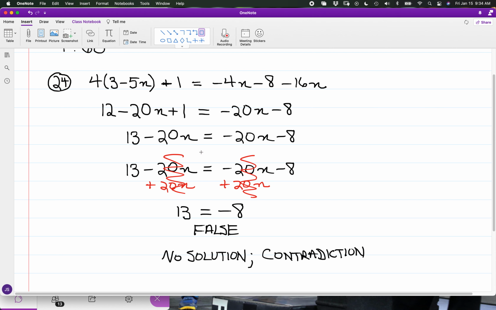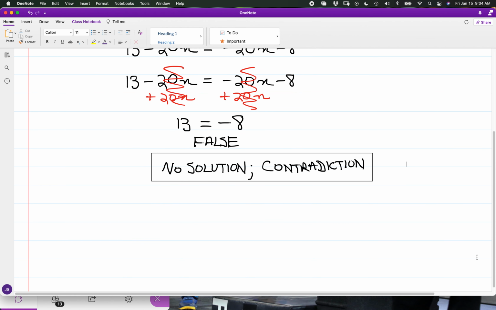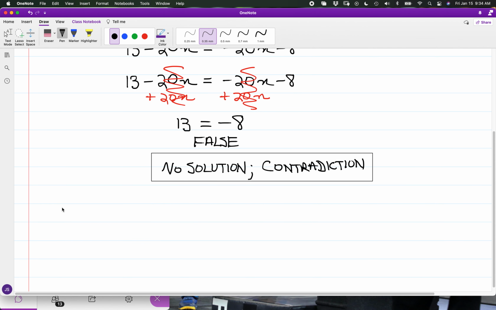Okay. Now for what we have in the case of number 26, we have this equation, so we're going from the letter n to the letter x, whereupon we have negative 5 plus 3x is equal to 3 times the quantity of x minus 1, followed by the subtraction of 2.